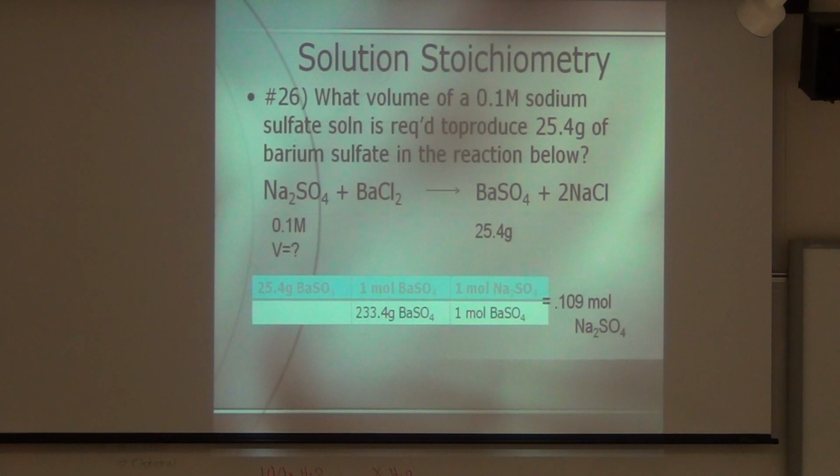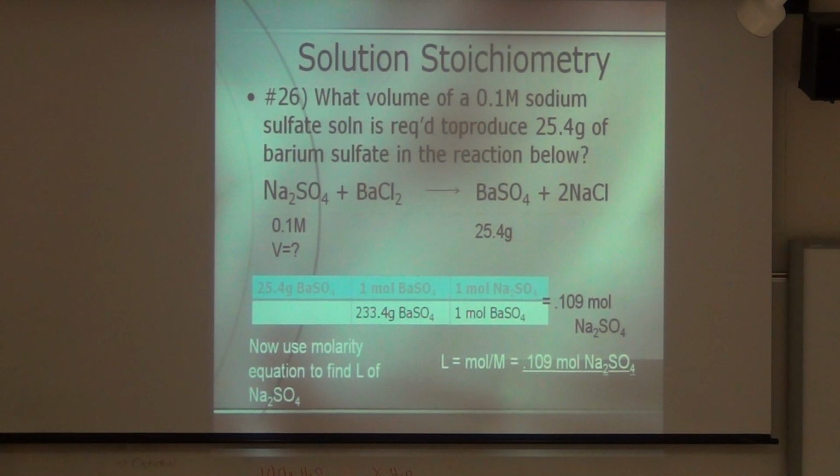So we go back to our triangle. Moles over molarity times volume. So when we cover up our liters, we're going to get moles over molarity. Our moles we just found, 0.109. Molarity was given at the beginning of the problem, 0.1.